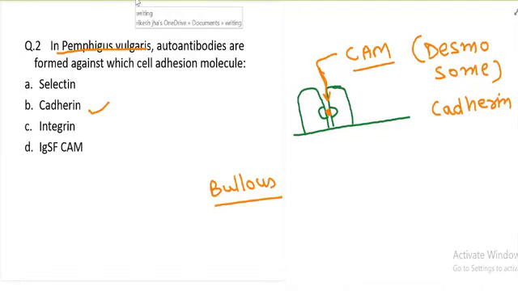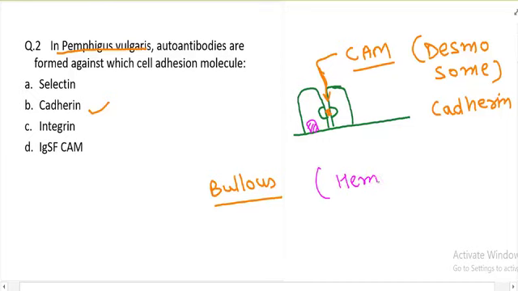Now hemidesmosome is located here, that means between cells and basement membrane. So in case of bullous, the antibody will be against hemidesmosome. And the picture will be like this.